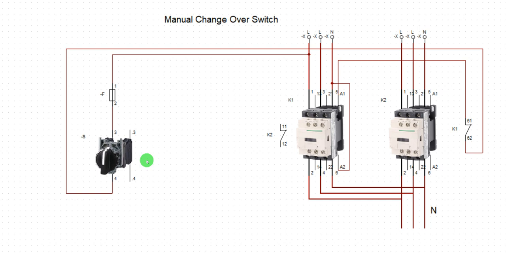But the professional name is 3-turn cam switch. They will give it to you. When you get it, buy the auxiliary as normally open, both of them should be normally open. The left turn should be normally open, the right turn should be normally open, so that when you turn right, you activate this, and when you turn left, you activate this.